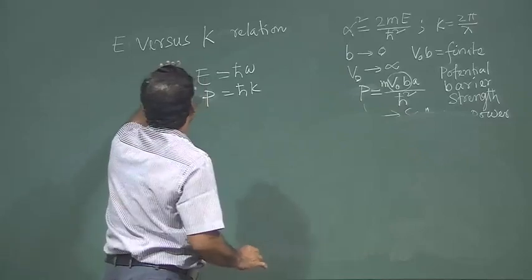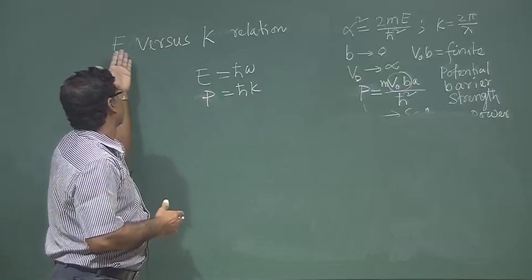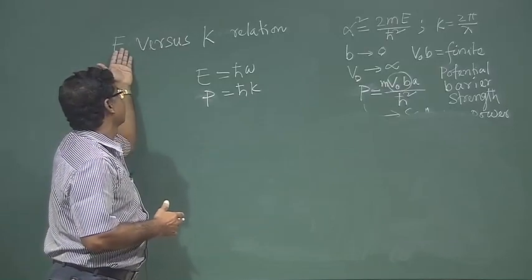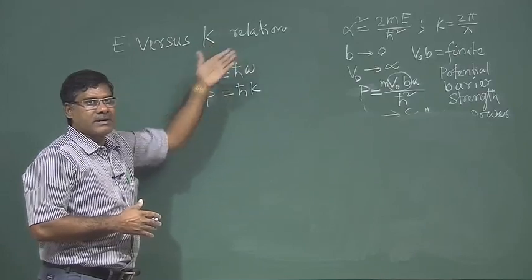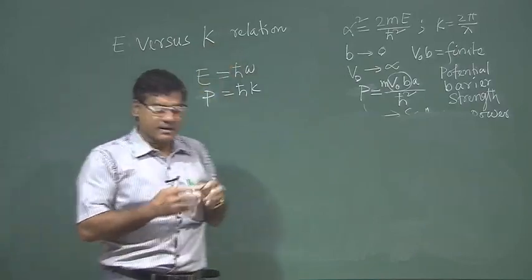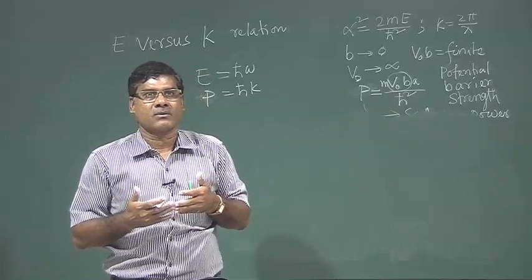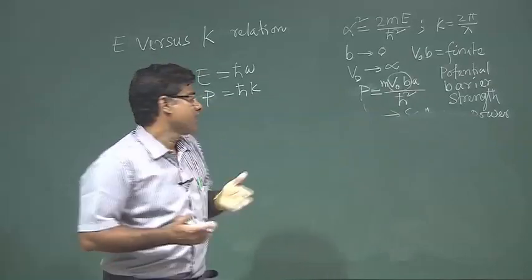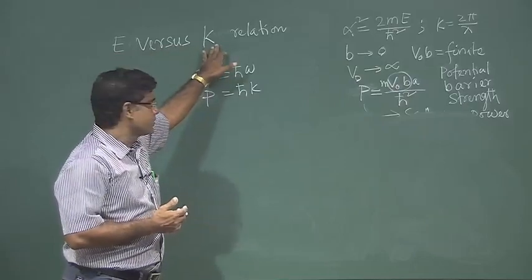So for a free electron, there is an energy and momentum relation. Now, in the case of a crystal, when the electron is not free, what will be the relation between E and k? That we want to find out.